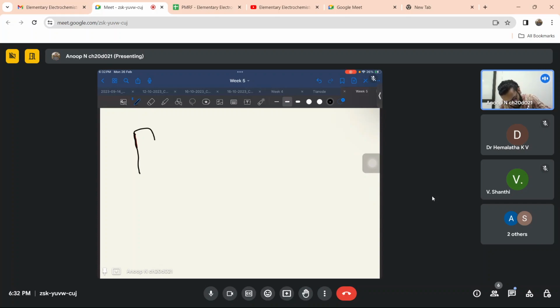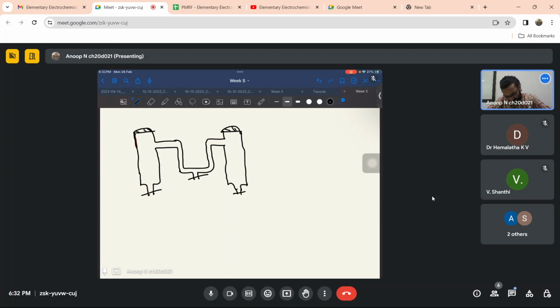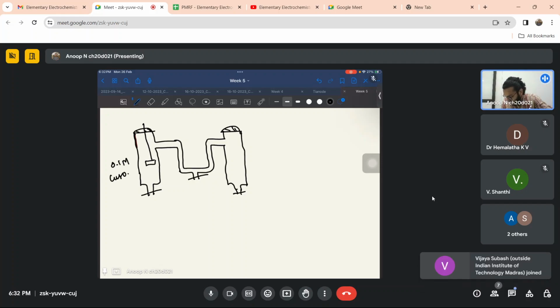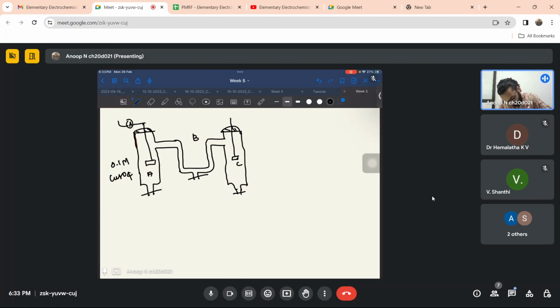First compartment is like this. Then from here we have an electrode, which is 0.1 molar CuSO4, A, B, then C we have another electrode C.